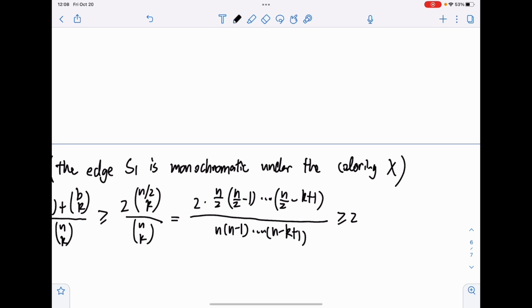And we can cancel the factorial of k in both the numerator and denominator. And the denominator will be n times n minus 1 up to n minus k plus 1. And this is greater than or equal to 2 times the numerator n over 2 minus k plus 1 over the denominator n minus k plus 1, to the power of k. Yeah, you can see it here. It's commonly used in high school mathematics, I think. And this equals 2 to the power of minus k plus 1.